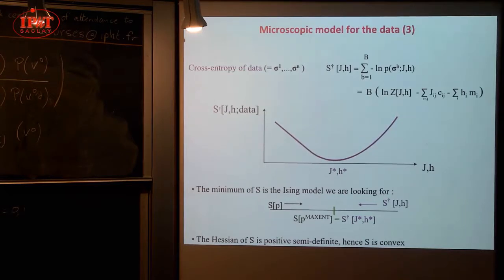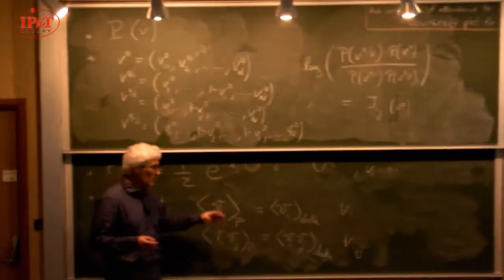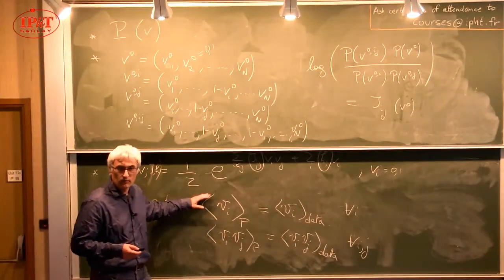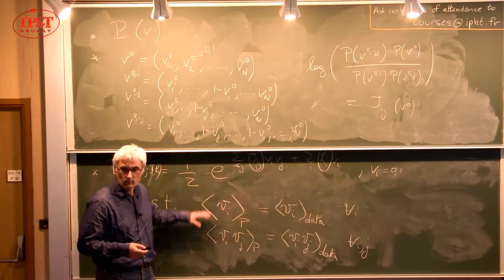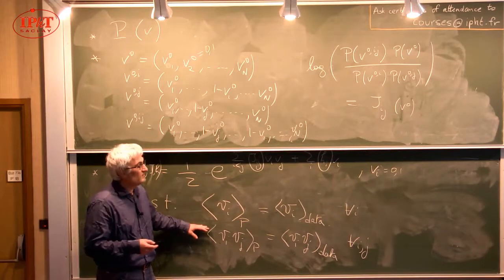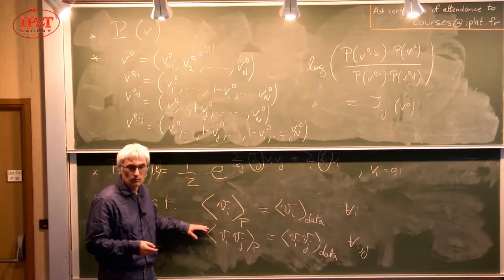So let me state that again because I think it's interesting to understand that. If I look at the class of all Ising models, okay, and I'm looking at the one which actually matches these first moments and second moments with the values of the data, then this is the model which minimizes the cross entropy. Okay?